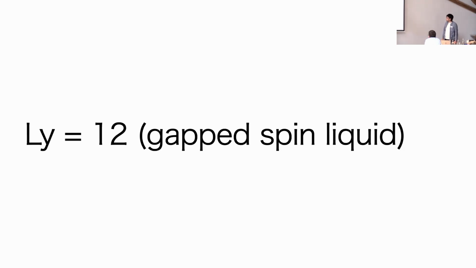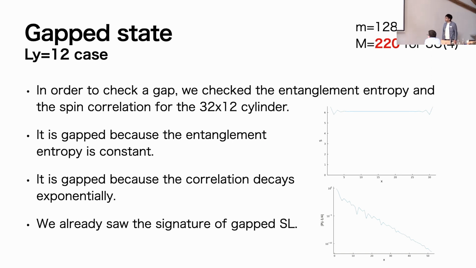And first, let me show the largest result, Ly equals 12, and I will also briefly show the results for Ly equals 6. Ly equals 12 is a clearly gapped state. In order to check the gap, we check the entanglement entropy and the spin correlation for the very large 32 times 12 cylinder, and the gap nature is clearly seen from the entanglement entropy, which is the upper graph. In the upper graph, we have an almost constant entanglement entropy, independent of the cut of the cylinder.